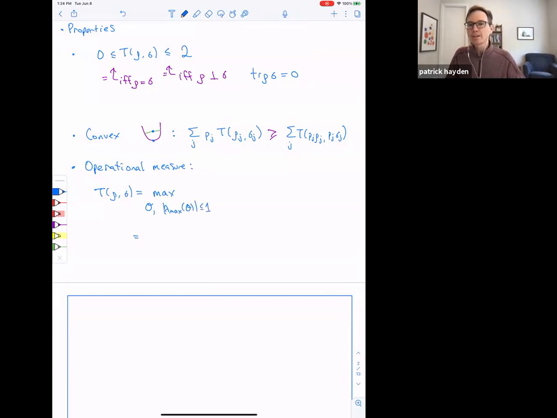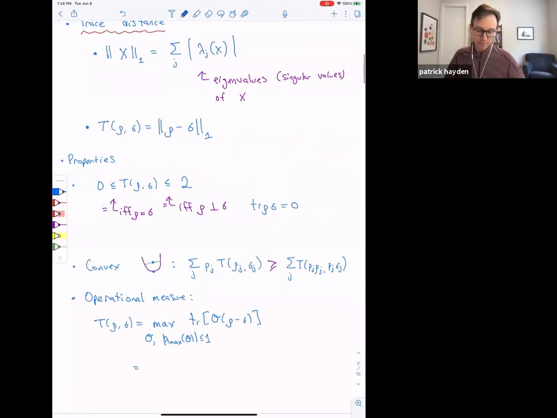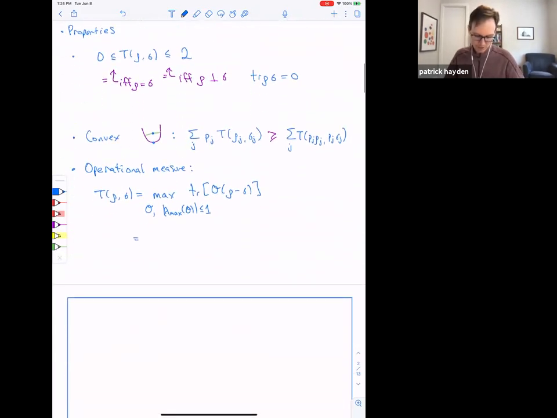This is a normalization condition on my observables. And I just take the trace of O times rho minus sigma. If you're wondering where this comes from, this is just a special case of LP duality, L1 and L infinity. It follows from that in the case of these Hermitian matrices, but you can take it otherwise just as a statement of fact.